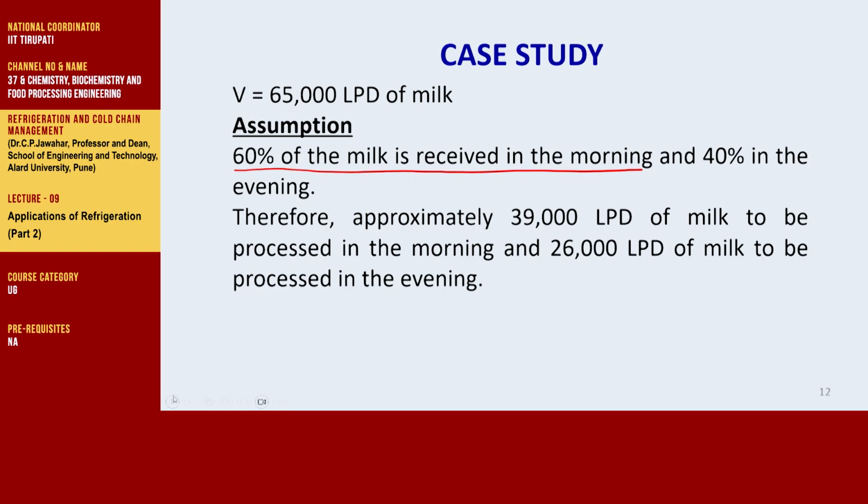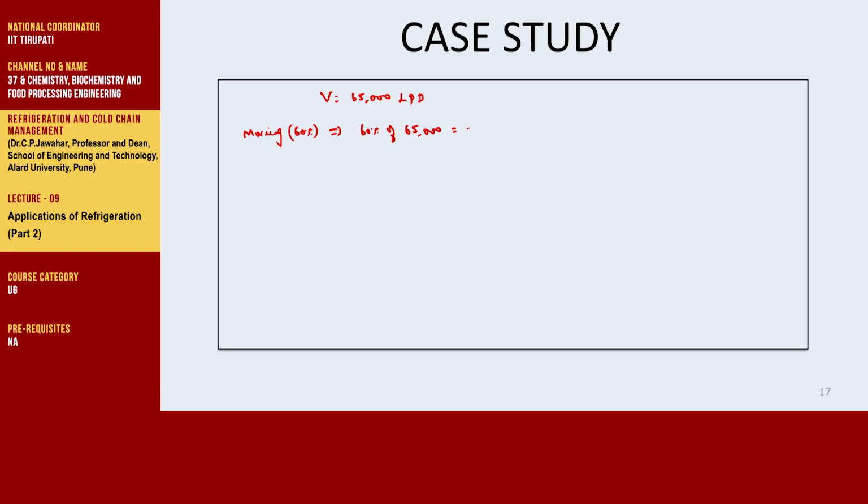And in the morning, the quantity is 60%. That means 60% of 65,000 is approximately 39,000 liters per day.